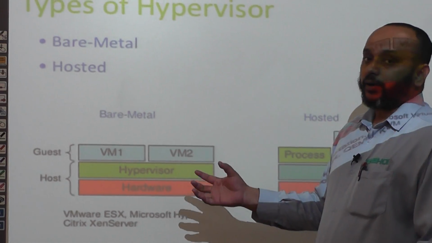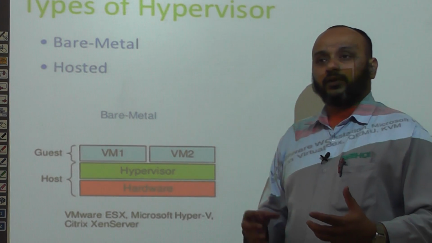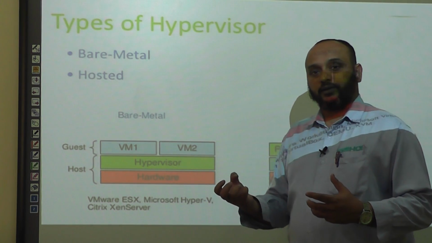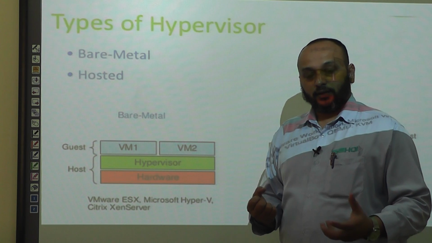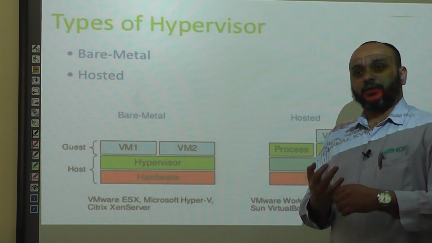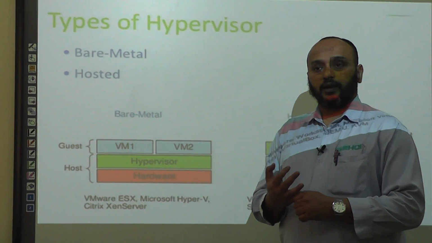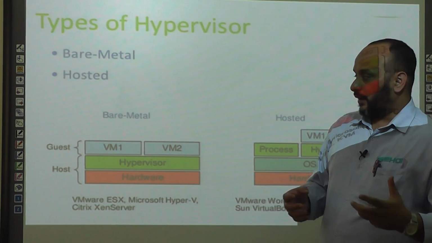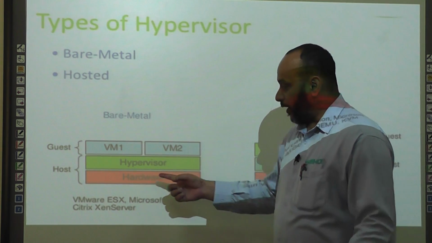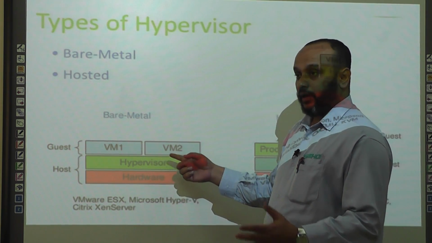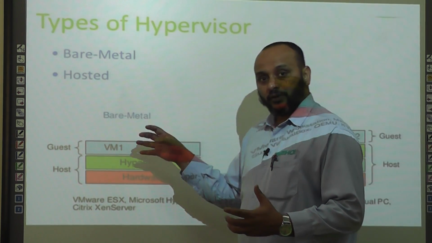Directly on hardware. Usually what we do is install an operating system on hardware, and then on the operating system we install applications like Microsoft Office and other business applications. But in a bare metal hypervisor, on hardware you will install a hypervisor, and on the hypervisor you will install virtual machines.